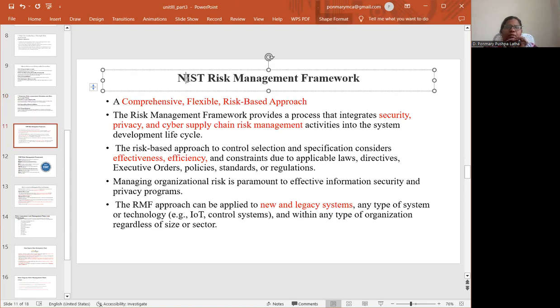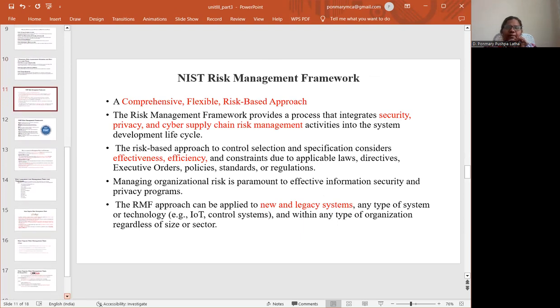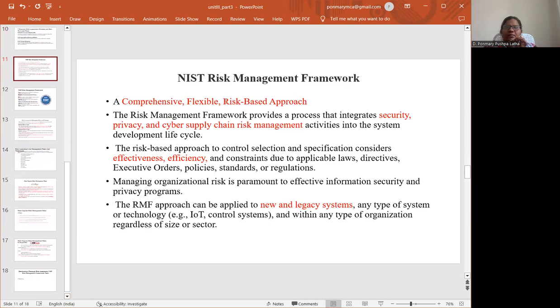The next topic is the NIST Risk Management Framework. Actually, it is a comprehensive, flexible and risk-based approach. It mainly deals with security and privacy.